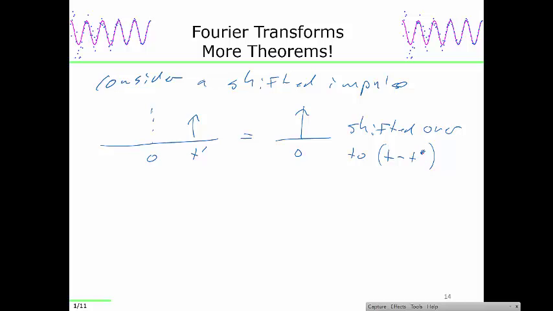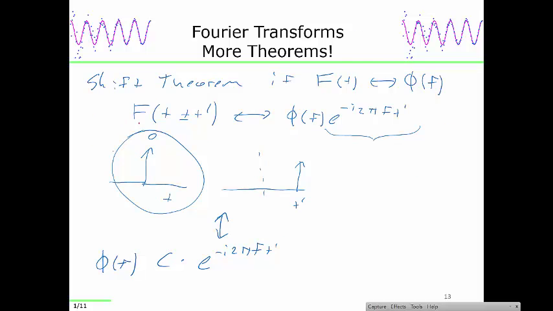In other words, if I redefine my variable to be t minus t prime, then I have a nice delta function at 0, and a nice impulse at 0. And then the Fourier transform of this, so this is delta at t minus t prime, right? That is my function, a delta function at t minus t prime in this picture.